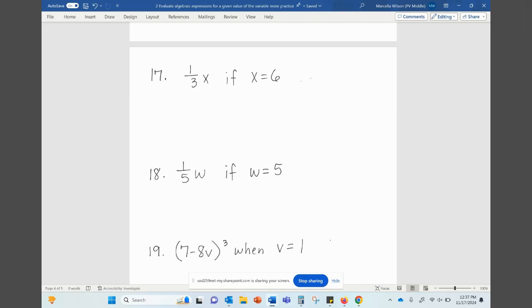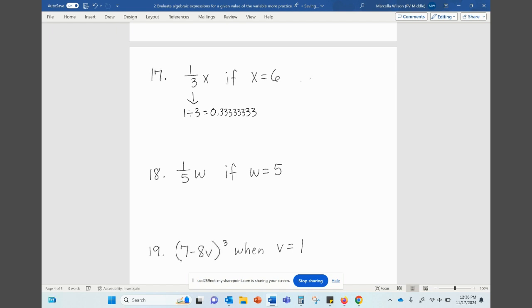17, I'm going to turn this fraction. So I have 1/3 x. If x equals 6, I'm going to turn this fraction into a decimal, taking the numerator divided by the denominator. And I get 0.3333333.